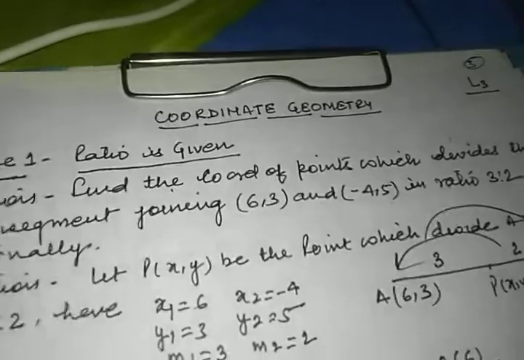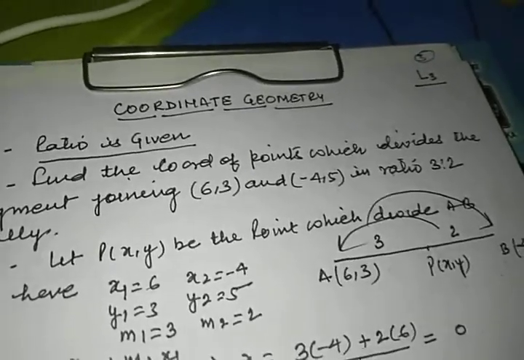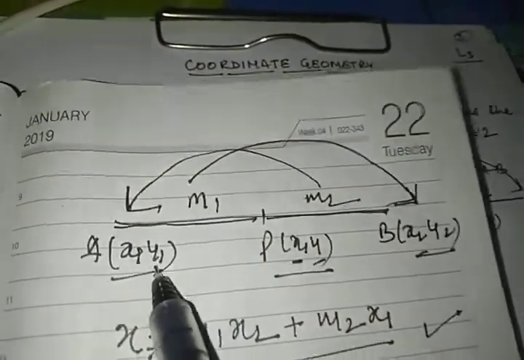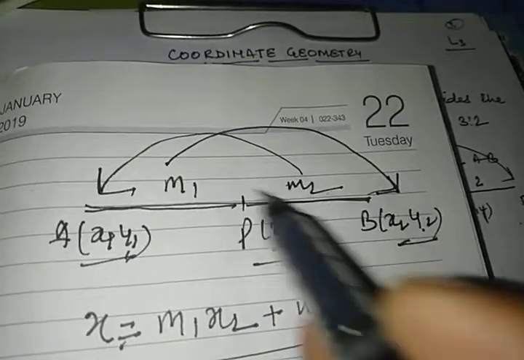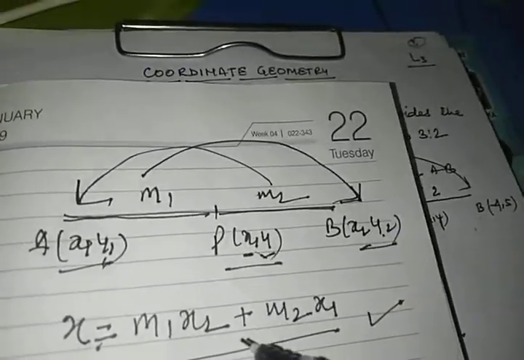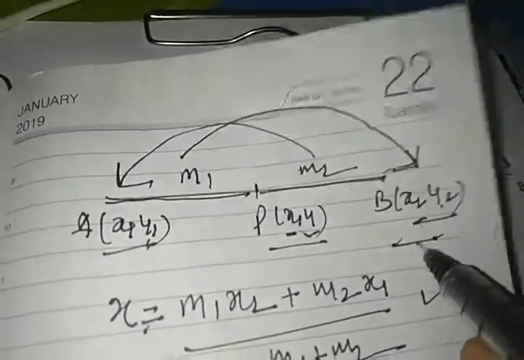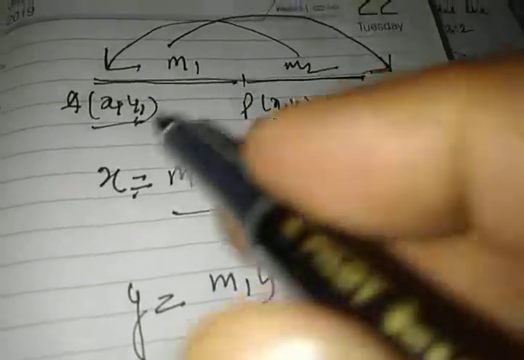You are already given the ratio. In all these things, m1, m2, one thing will be missing that you have to calculate, and you know the relation. So by these two formulas, you can get the values.